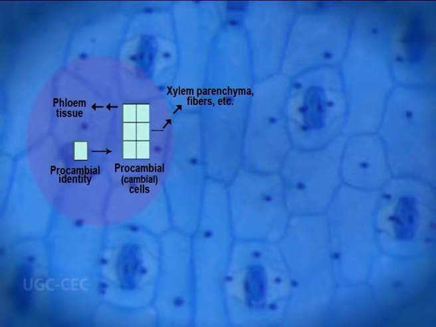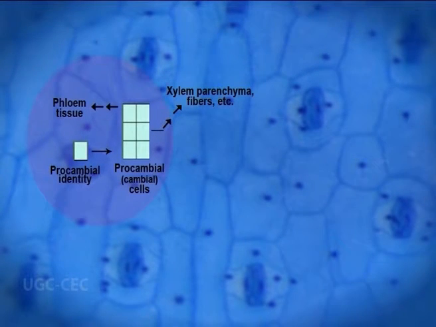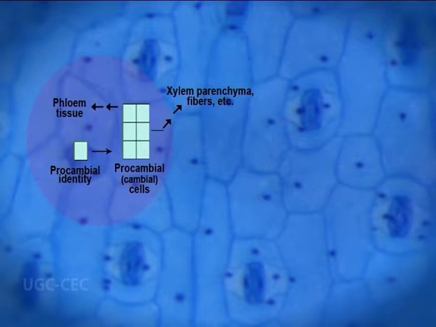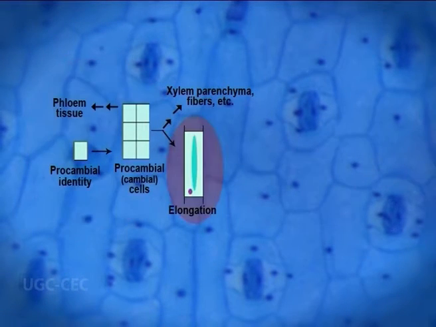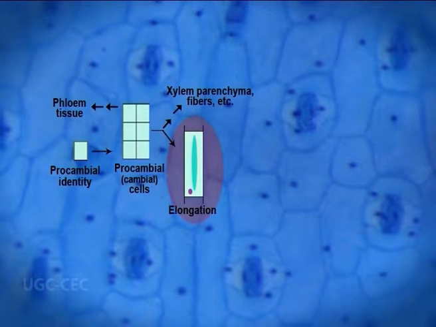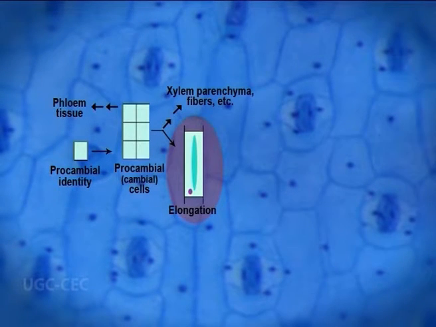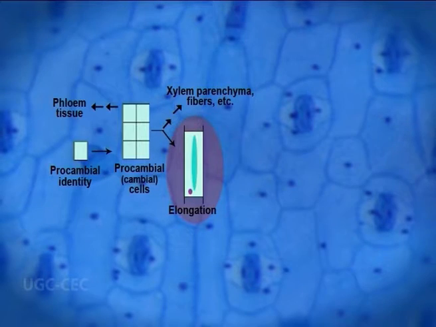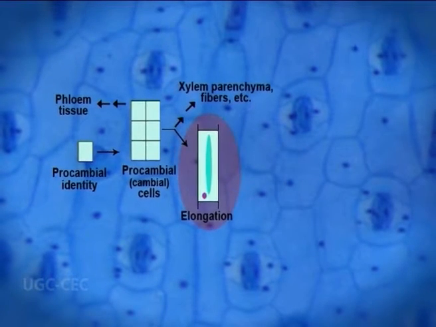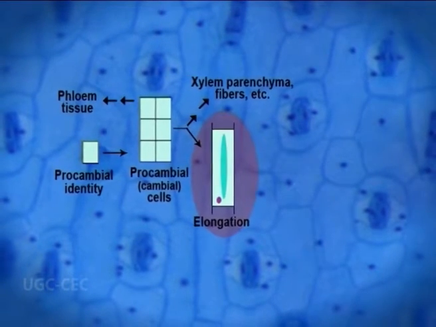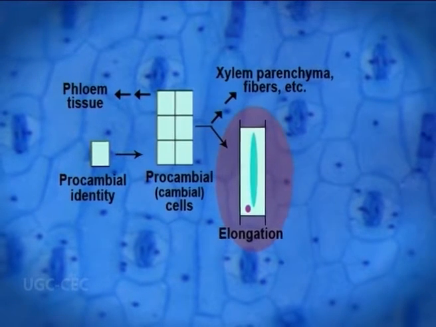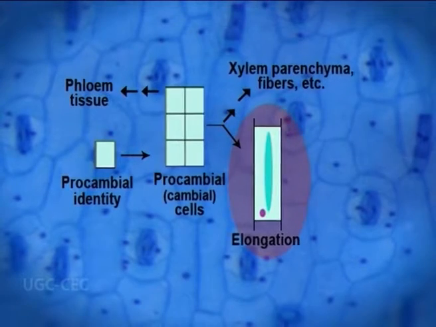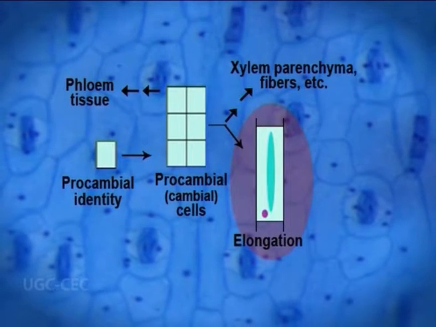After initiation of vascular cell differentiation, the conducting cells, tracheary elements in the xylem and sieve elements in the phloem, undergo significant elongation before the tubular conducting system is formed. Microtubules are thought to direct the orientation of cellulose microfibril deposition, which in turn determines the axis of cell elongation.